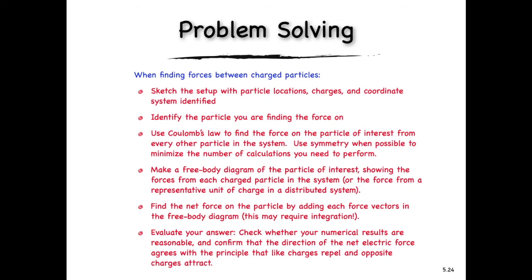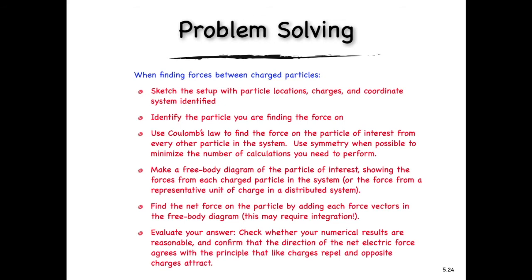And then it can be very easy to sort of calculate an answer and not understand it, because we don't really have an intuition for how big electric forces should be. It was much easier in physics 50 when you calculate how fast you need to throw a ball in order to get it to go through a basketball hoop.